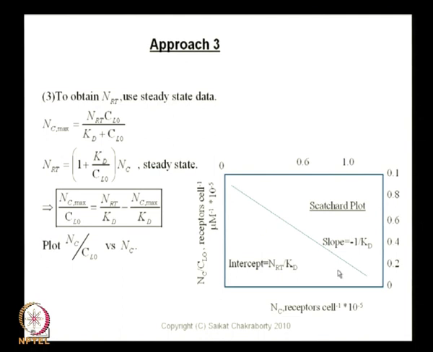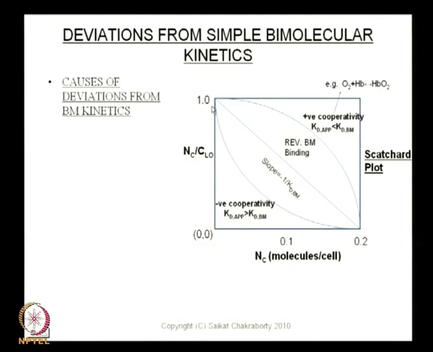So, this line in the middle that you see corresponds to the bimolecular kinetics. Now, this curved line below, and the line above this, correspond to deviation from the bimolecular kinetics.